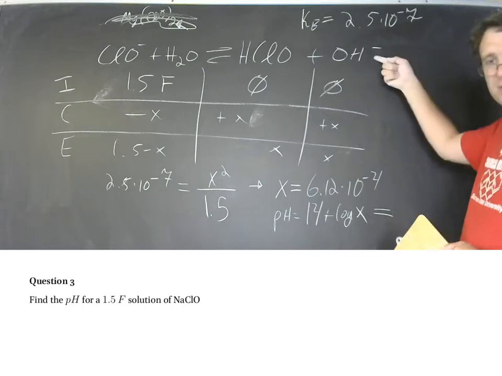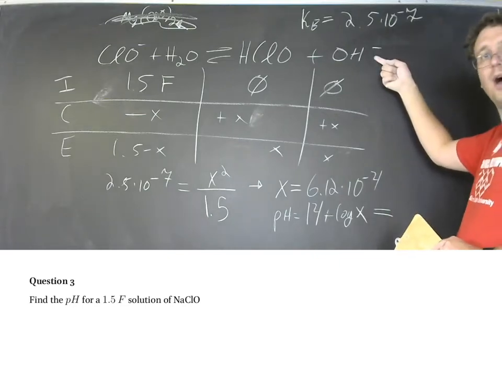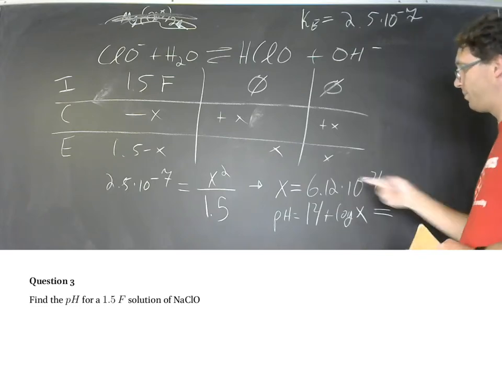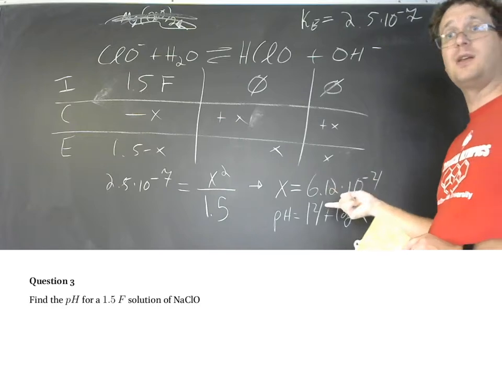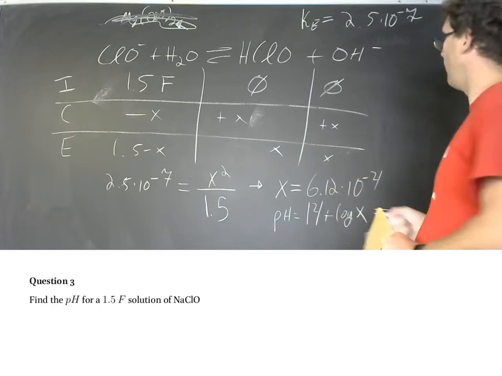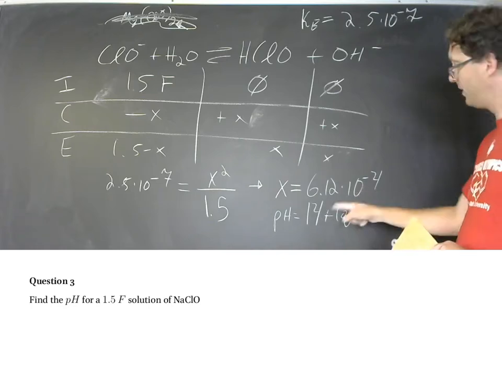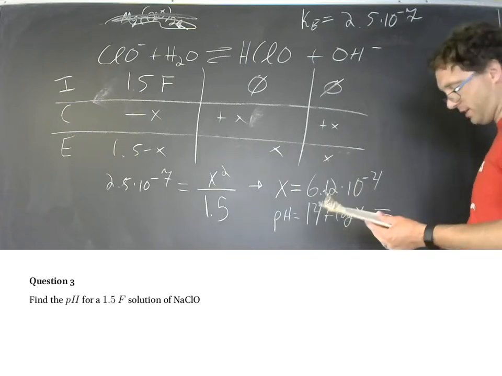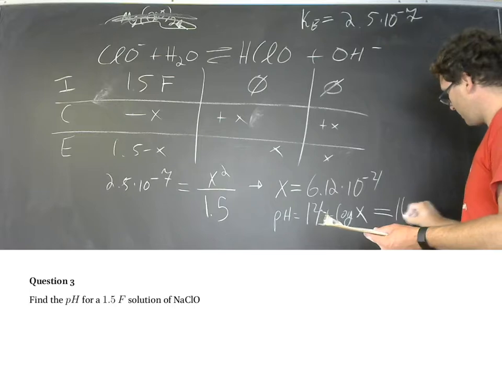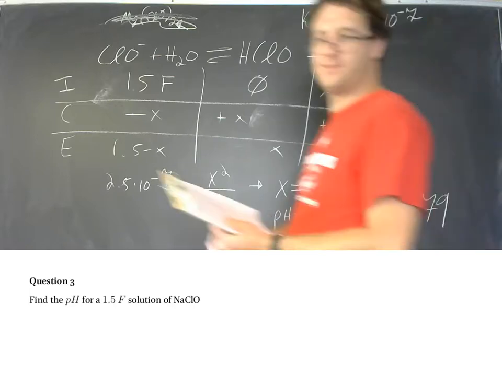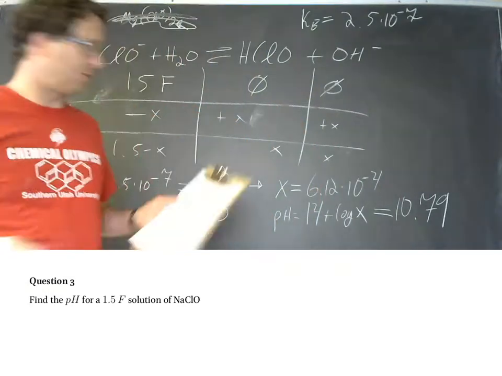Because the OH minus concentration, taking the negative log of that would give us the pOH, and then the pH is equal to 14 minus the pOH, and the 14 minus the negative log of x turns that into a plus. So 14 plus the log of x gives us a pH of 10.79.